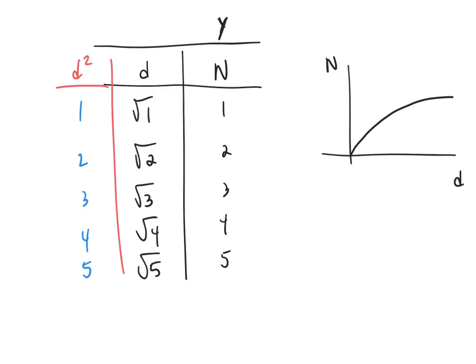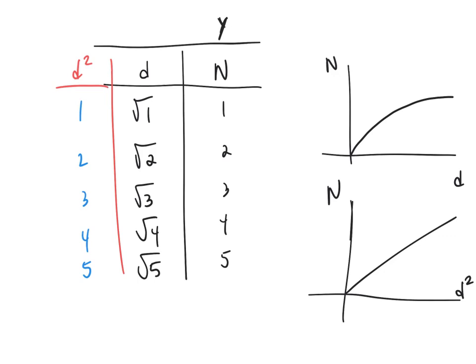Every time this goes up by 1, this goes up by a certain amount. Whether it's 1 or 2 or 3, whatever it is, doesn't matter. It's a constant increase every time this goes up by 1. So now, if I were to plot n versus d squared, and this is what we were looking at last class, this would look like the following.